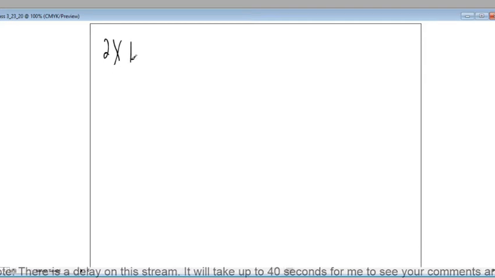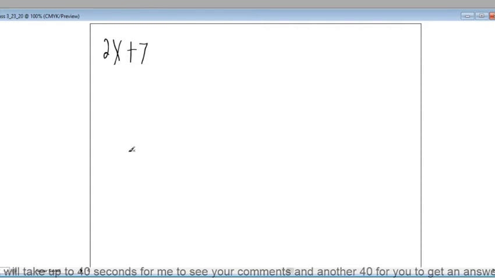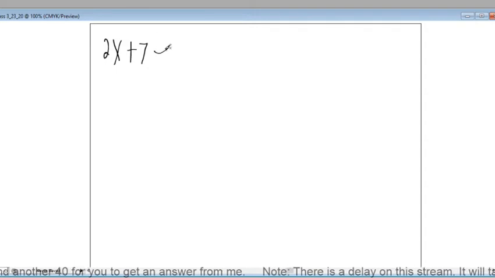So 2x plus 7. This would be an expression. It represents a single value. We don't know what that value is unless we have something to plug in for x, but it represents a single idea.